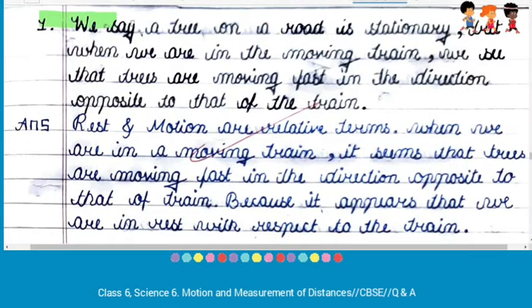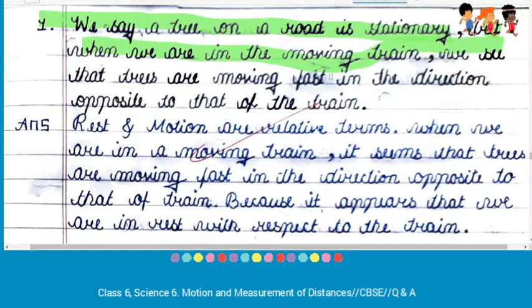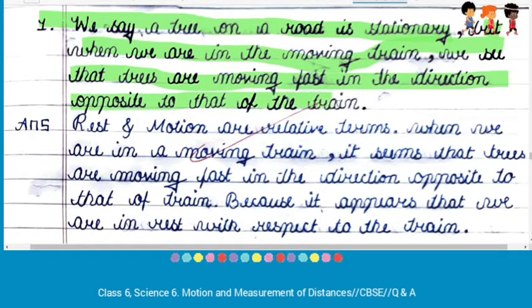First question is, we say a tree on a road is stationary, but when we are in the moving train, we see that trees are moving fast in the direction opposite to that of the train. Answer, rest and motion are relative terms.